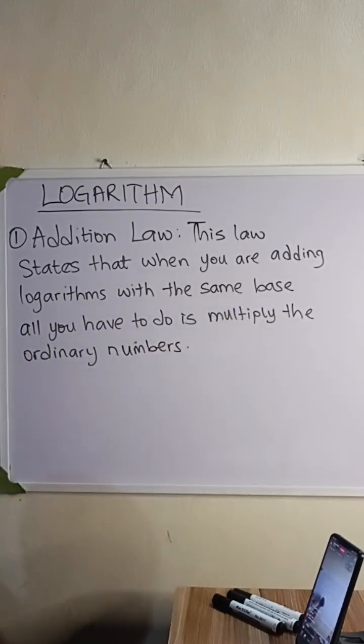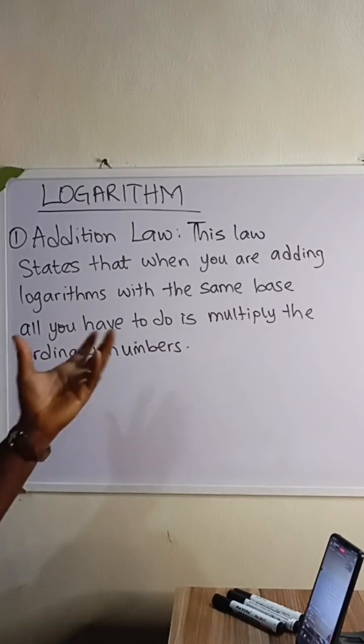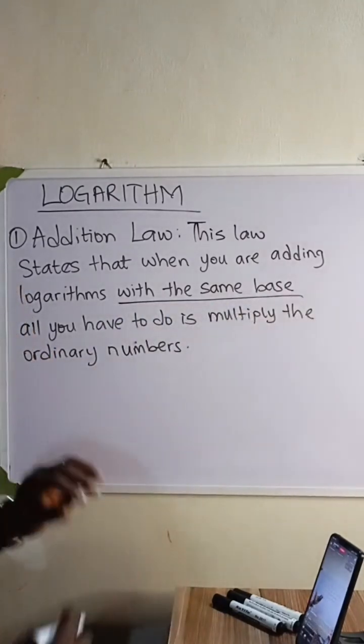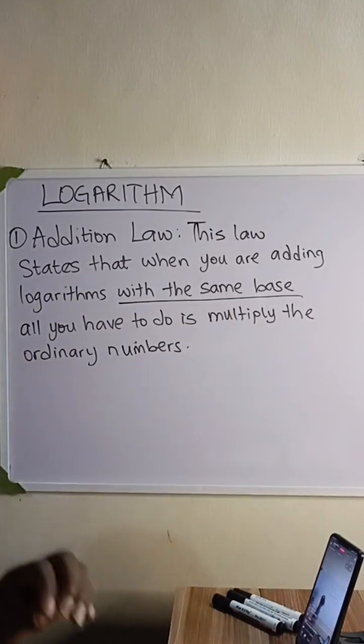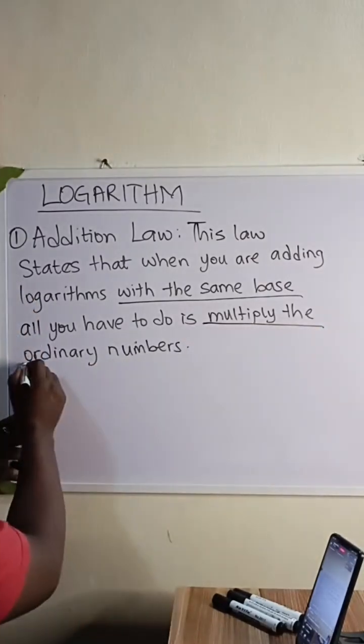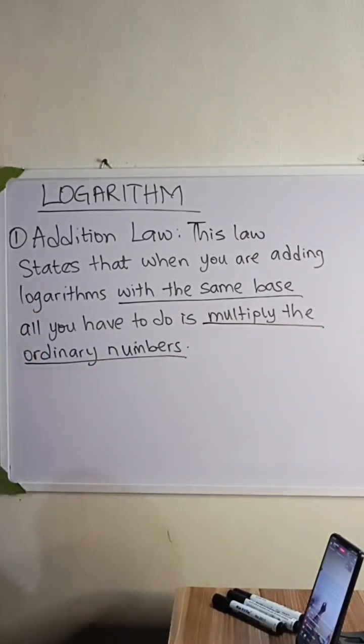So the base must be the same. When you are adding two logarithms with the same base, all you have to do is multiply the ordinary numbers.